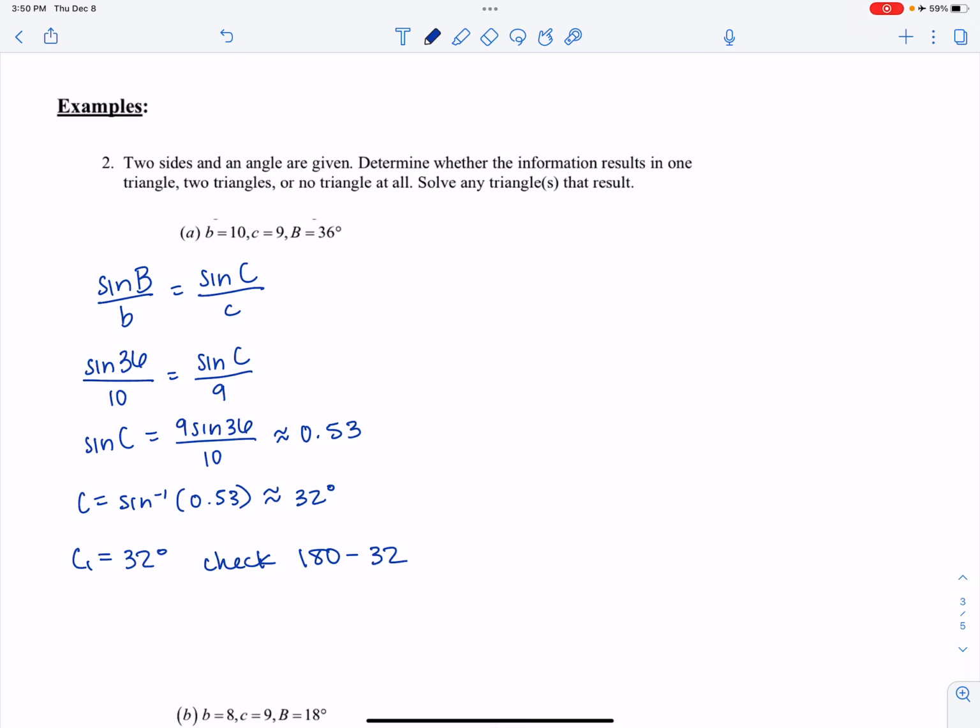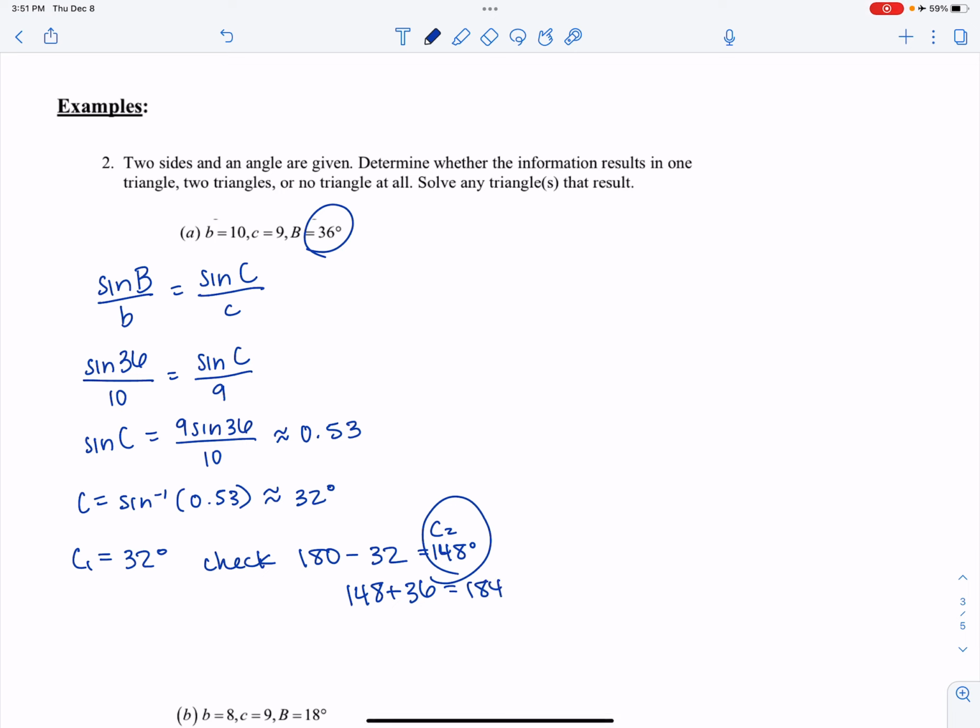So if we did 180 minus this angle, that would give us 148 degrees. So this is a possible second angle. But let's talk about this logically. All of our angles can only add up to 180. So if we have 148 plus 36, we're already over.